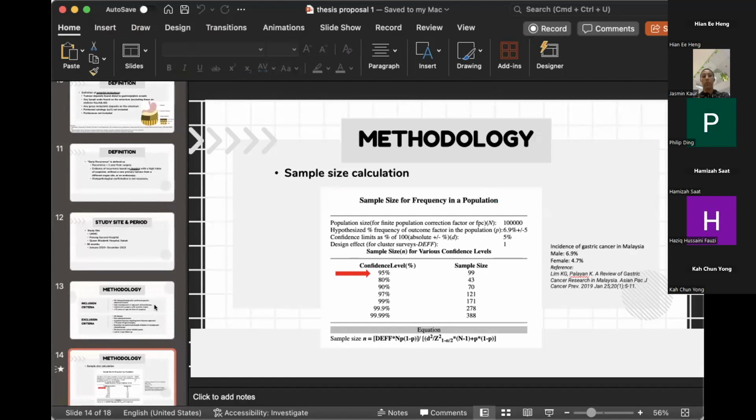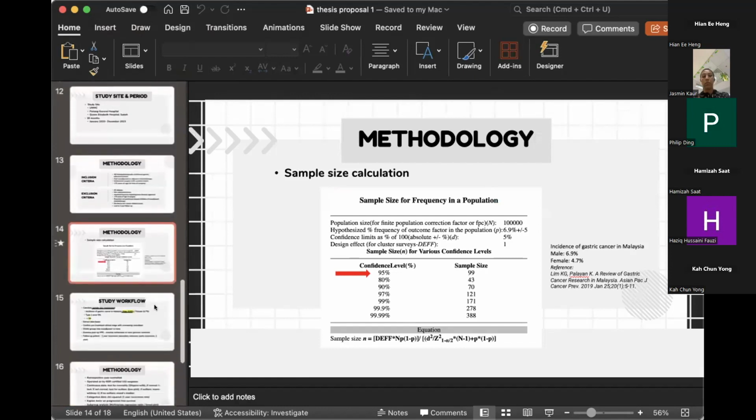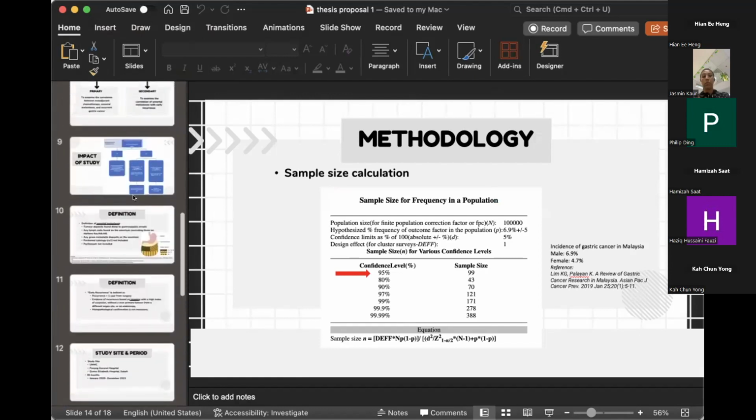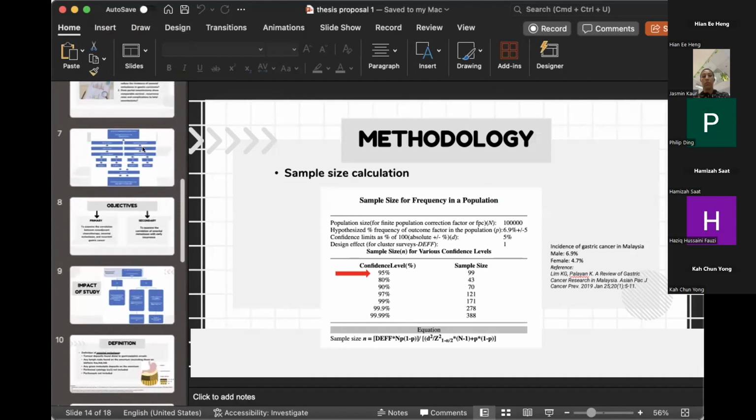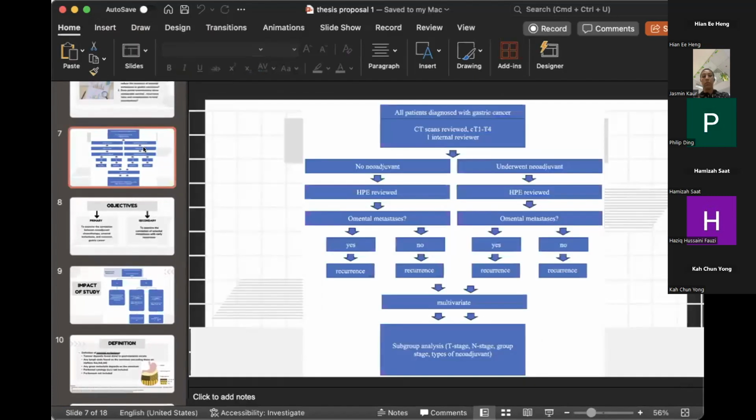The question I want to ask is, my supervisor is worried that because we are using two arms, patients with chemotherapy and without chemotherapy, is it okay that we take 99 for both and divide to 50 in both arms?